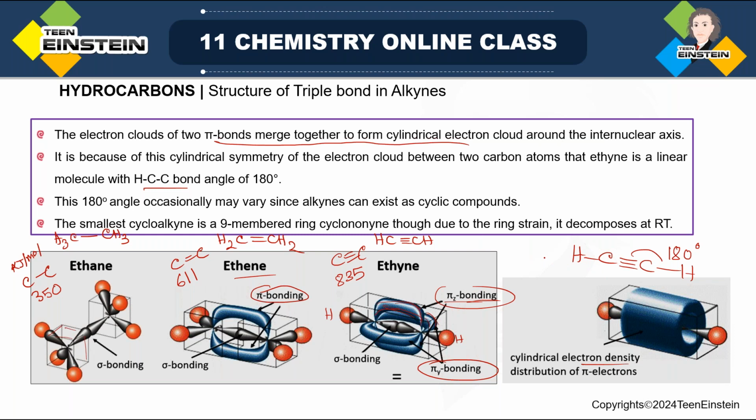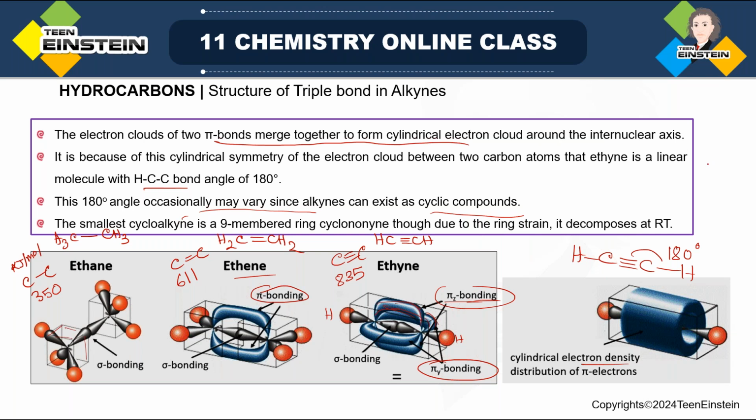Now remember one thing, though we are saying it is 180 degrees, it may vary occasionally in some rare cases. Suppose you consider a cyclic compound, that is a ring compound where you have a CC triple bond. In a ring, maintaining 180 degrees is really difficult, and you will hardly see any cyclic compound with a CC triple bond when the ring size is very small, because that is not possible.